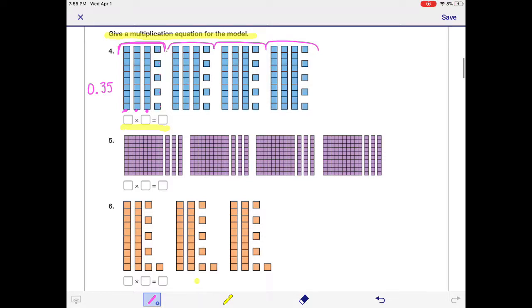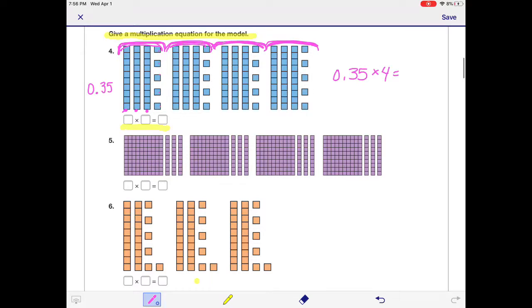But we are multiplying it 4 times. So our multiplication equation is going to be 35 hundredths times 4. Okay, do you get that? Because each one of these is 35 hundredths, which we figured out, and then we multiplied it 4 times.